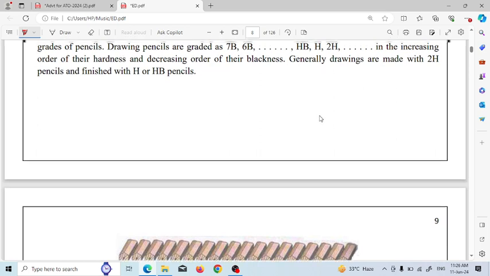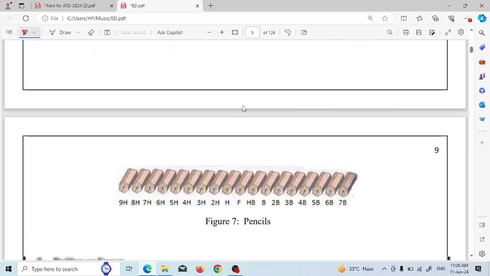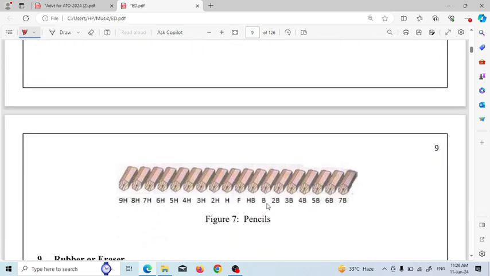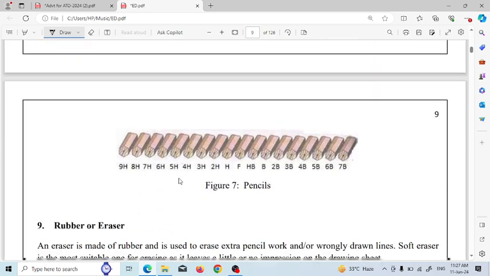The figure below shows the various grades of pencil. The drawing pencils graded from 7B, 6B to HB, H, 2H are in increasing order of hardness and decreasing order of blackness. This is the increasing order of hardness. It means 9H has greater hardness than 8H, 7H has greater hardness than 6H, but 9H is less black.